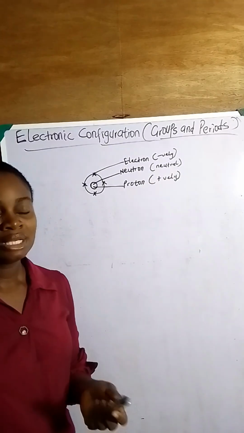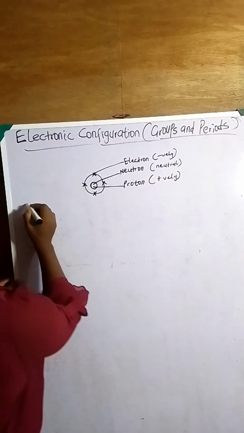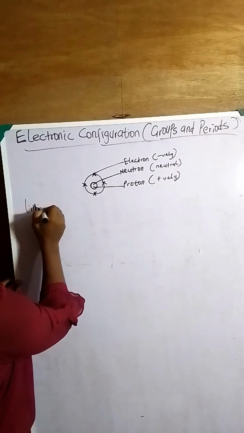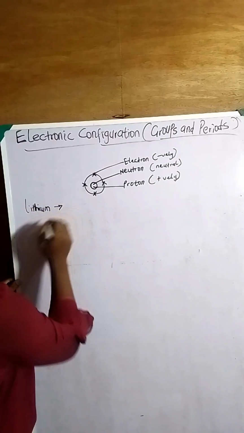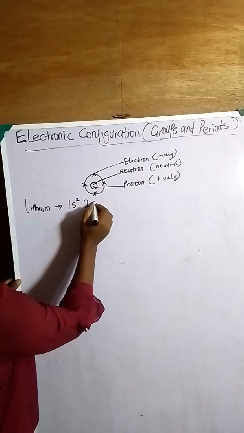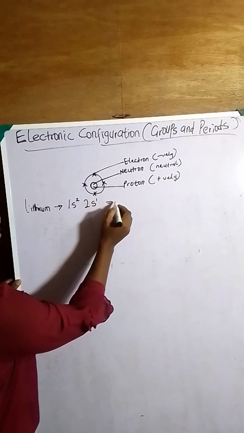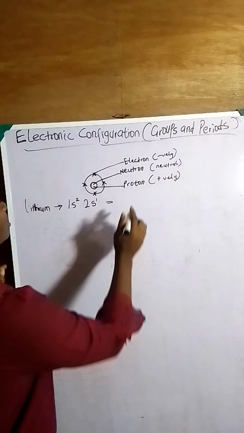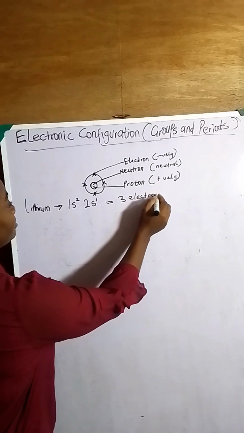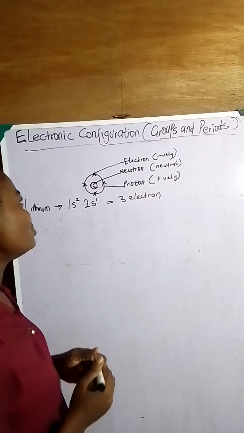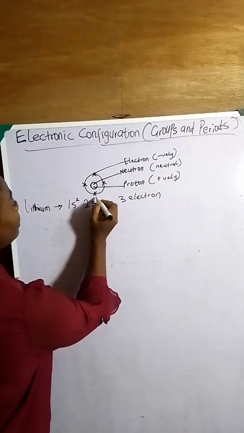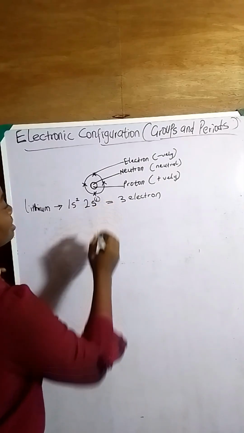Assuming that you have an element, say lithium, okay, so this is lithium. Lithium has 1s2, 2s1. That means it has a total number of 3 electrons. Now, how do you know the group and period to which this lithium belongs? So here, 1 is the index or 1 is the power.